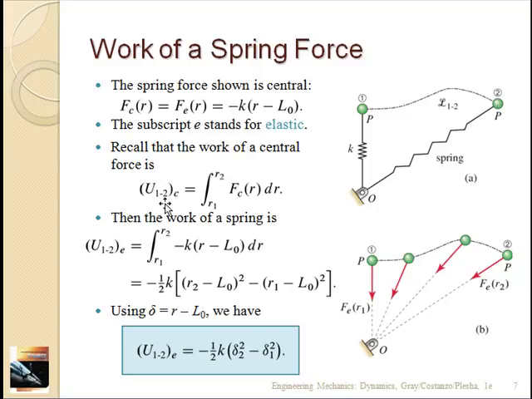So the work done in moving from point 1 to point 2 from the central force is just the integral from R1 to R2 of Fc of R dr. And so for Fc, we put in minus K times R minus L naught, and then we do this integral, and we find the work done is minus 1/2 the spring constant times the square of the stretch in the spring, delta 2 squared minus the stretch initially, right?